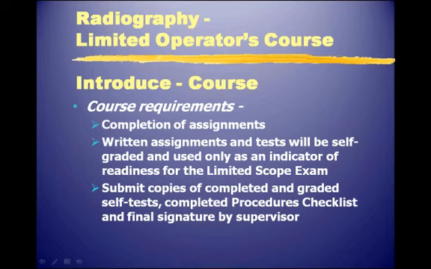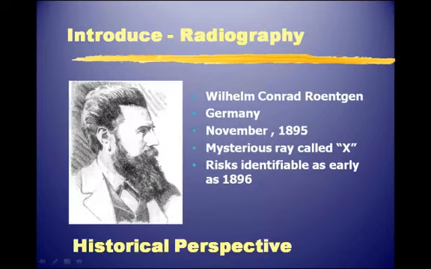These will be used by you as an indicator of your readiness to start getting ready to prepare for the limited scope exam. And there is a test prep system provided to you. Along with these completed self-tests, there is that procedures checklist that I mentioned, and we will need a final signature by your supervisor.